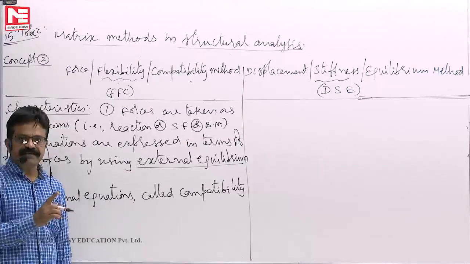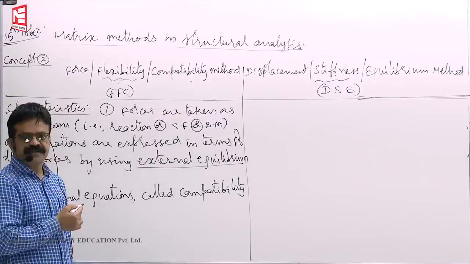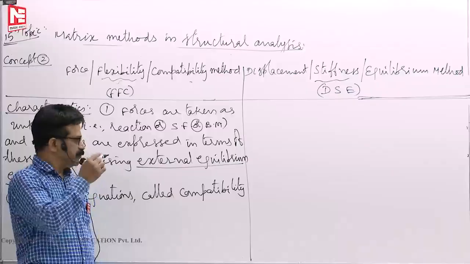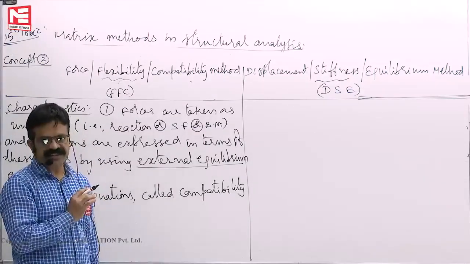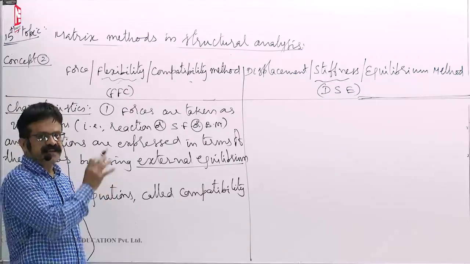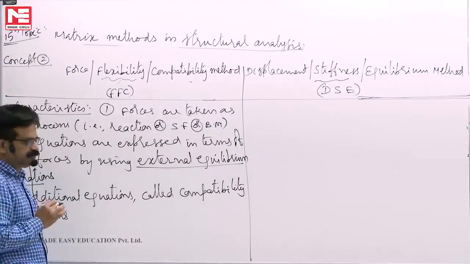For linear elastic structures, Castigliano's theorem 2 will give compatibility conditions. For nonlinear elastic structures, only material nonlinear elastic structures, Crotti-Engesser theorem will give you the compatibility conditions.